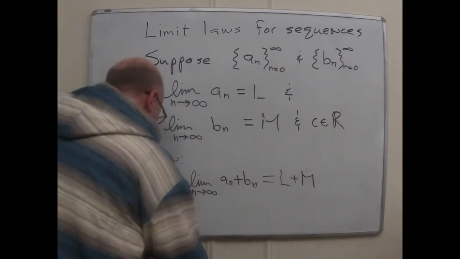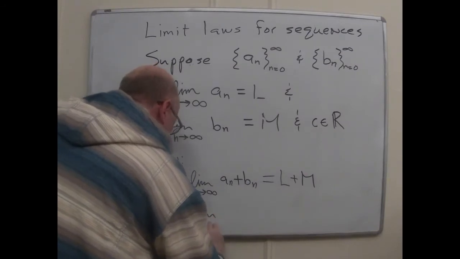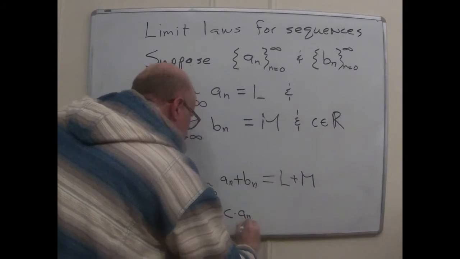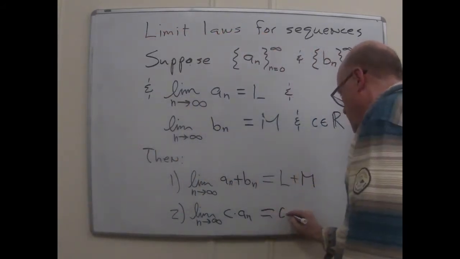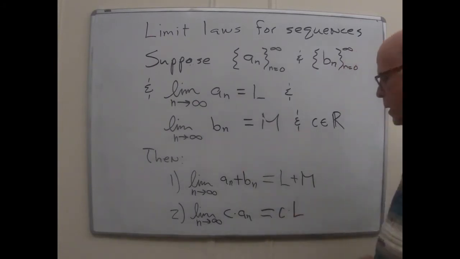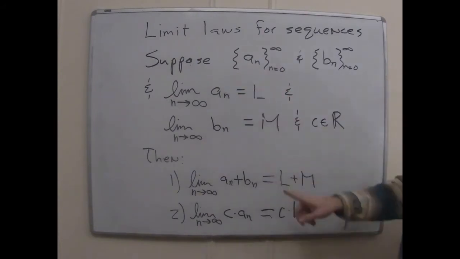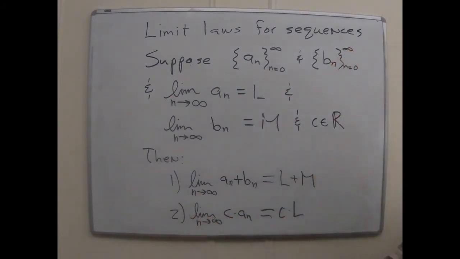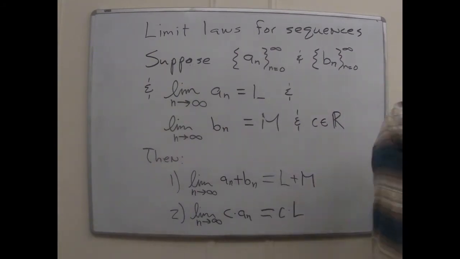So the limit as n goes to infinity of C times a sub n, well, that would just be C times L. And again, if you expand out what L means, that's the limit of a sub n, so this looks like C has been pulled out of the limit and put out in front. Okay, so that's our first two limit laws.